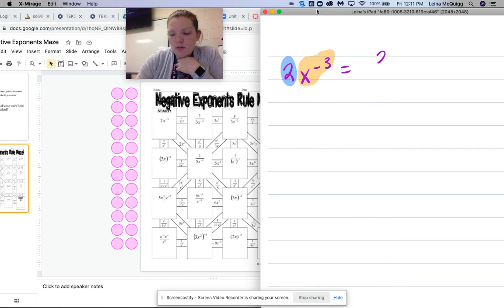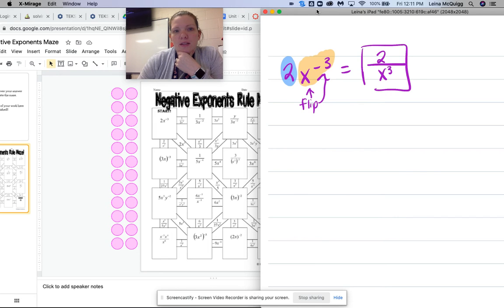So my 2 is going to stay on top because I'm not doing anything to it. There's no exponent there. The negative 3 tells me that I have to flip it because of that negative exponent. So that means I'm going to have x to the power of 3 in the denominator. Okay, so this would be my answer.